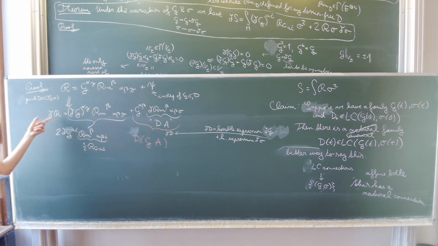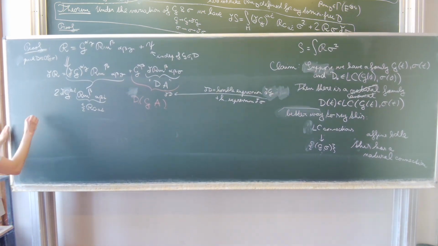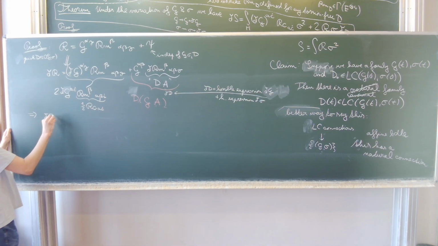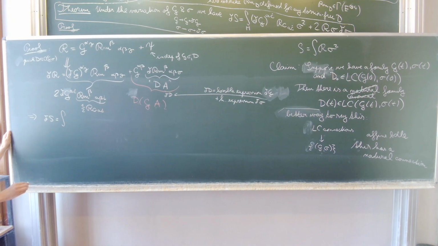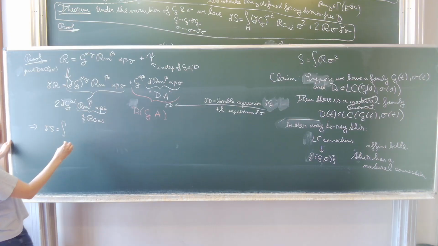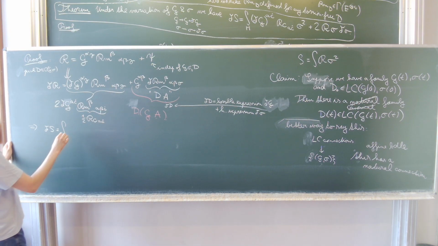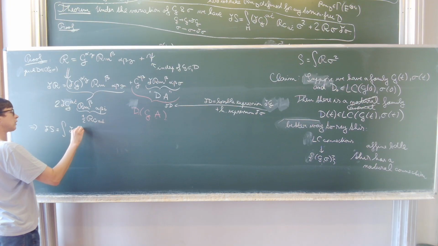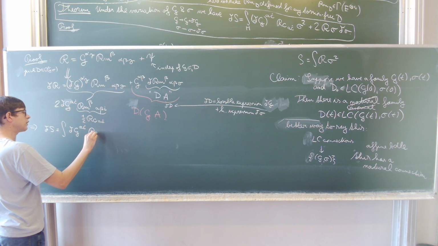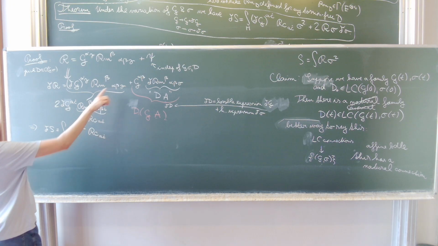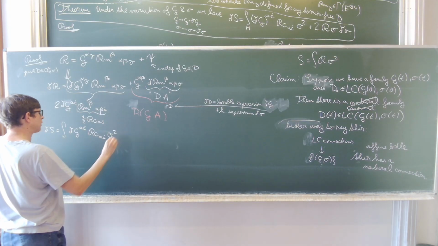Well, the corollary is that if I plug it in, I have 1/2 of 1, that cancels. So I have delta G A C dot times Ricci A C dot times sigma squared.